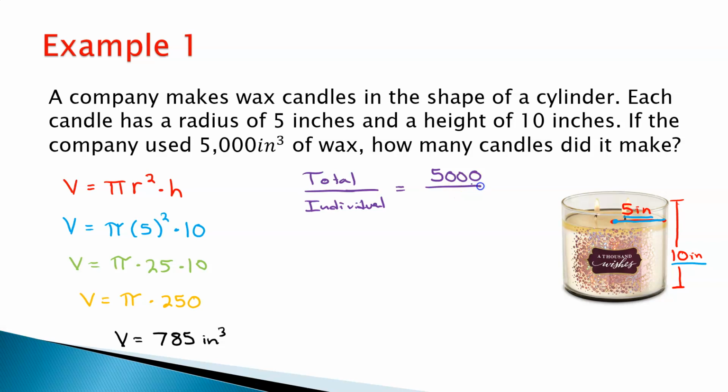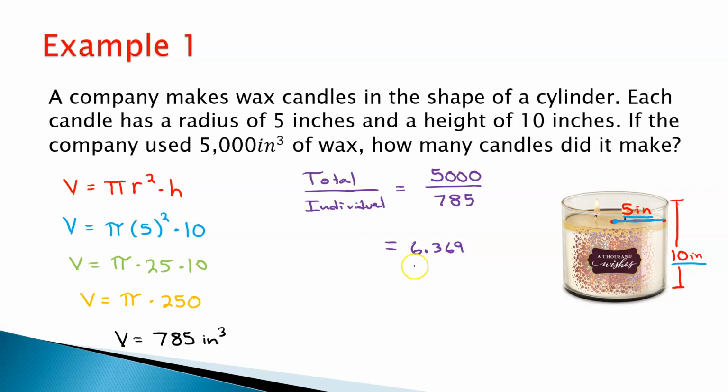And we're going to divide that by the 785. That's how much it takes to make up one candle. So what is 5,000 on my calculator? 5,000, not 500, divided by 785. That gave me a total of 6.369, and it goes on for a while, 4267.